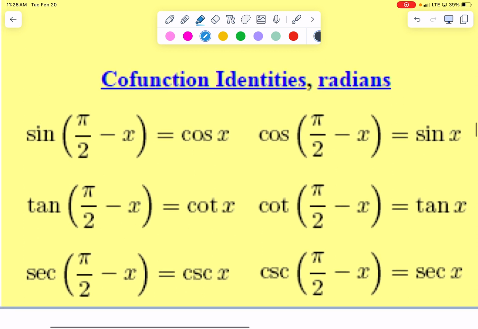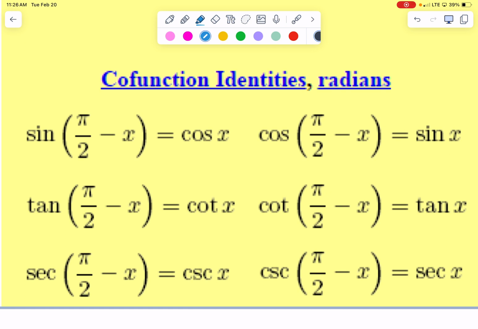Co-function identities expressed with radians. If I have sine of pi over 2 minus x, that will be equal to cosine, and vice versa. Cosine of pi over 2 minus x is equal to sine. You probably won't recognize these except that you can see them on the graph.